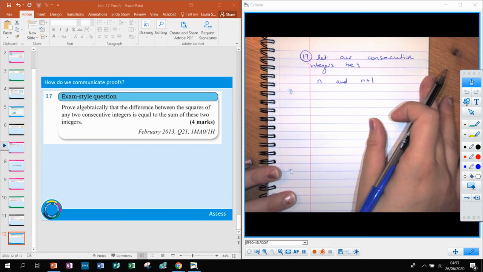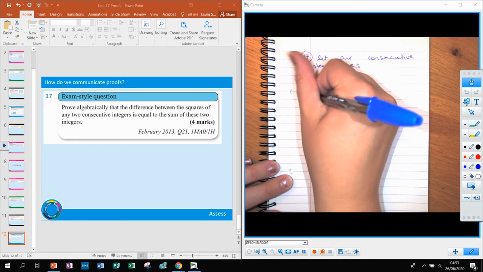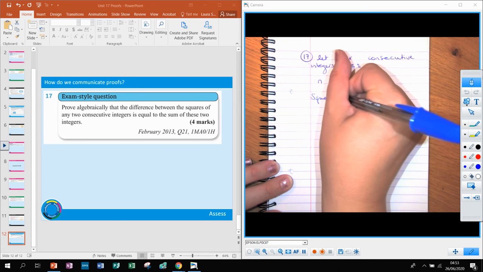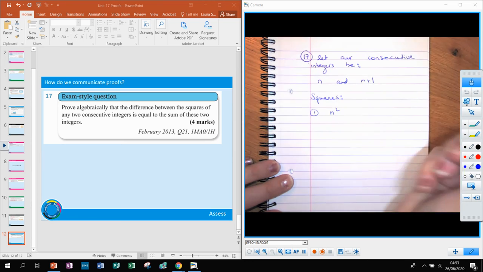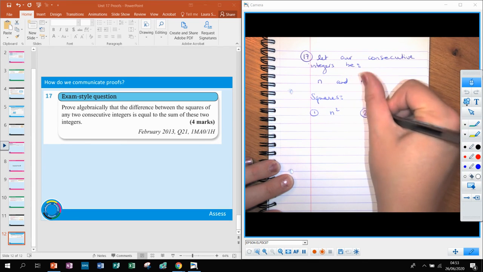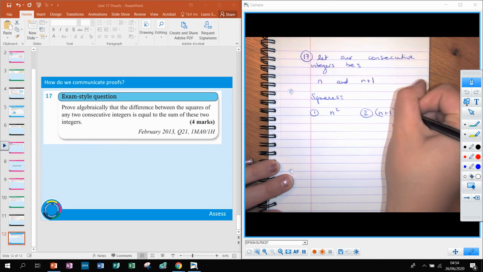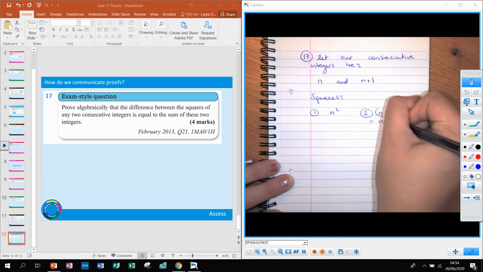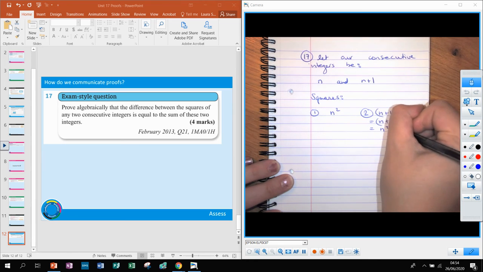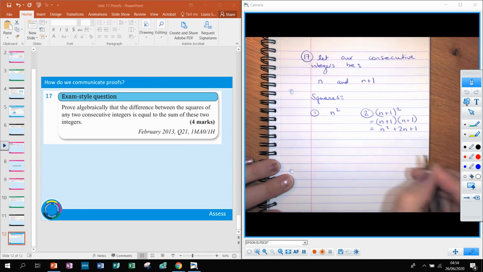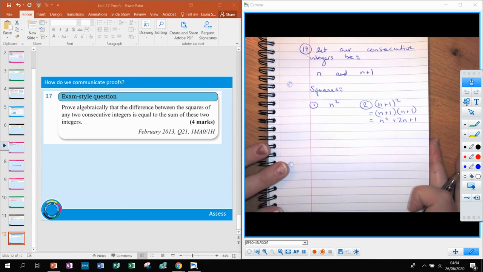Okay, then we want to work out the squares because we're going to need that. Okay, so for our first one, that's going to be n squared. And for our second one, it's going to be n plus 1 squared, which we can write as n plus 1 times n plus 1, which is n squared plus 2n plus 1. Okay, so we've got both of our squares.